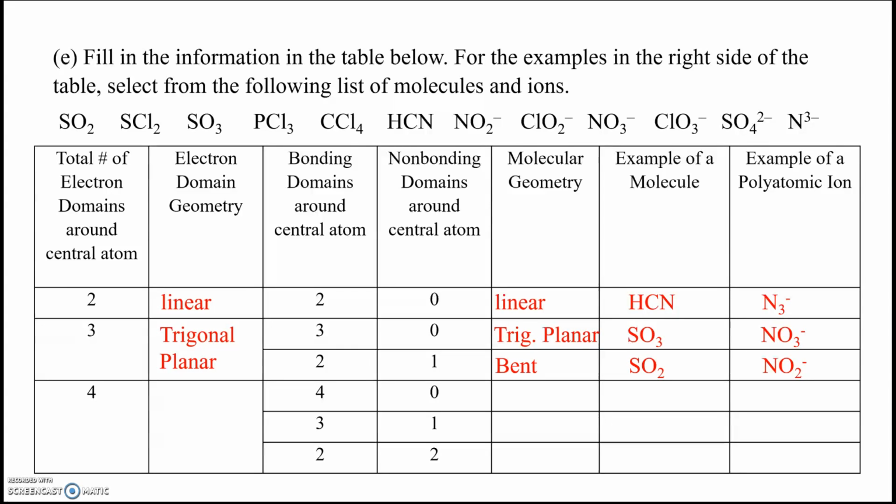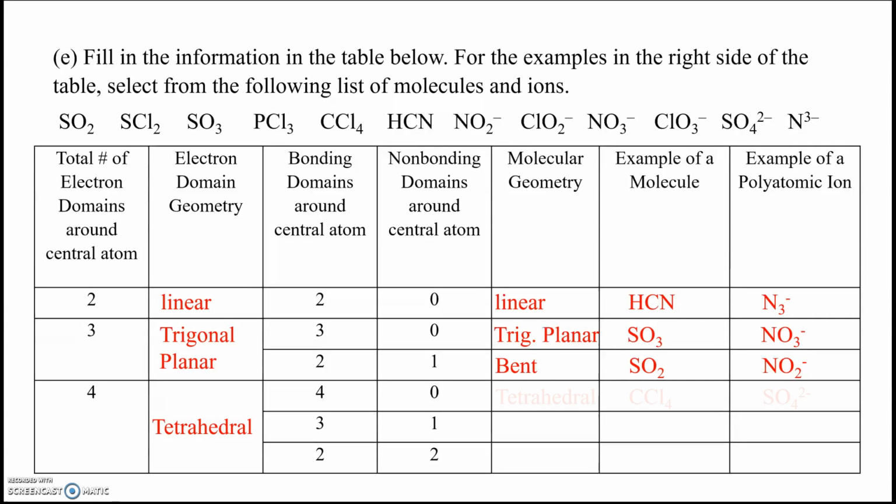And then lastly on this slide, we have 4 electron domains, which of course gives us the tetrahedral electron domain geometry. But now I have 3 ways I can do this. Comparing bonding and non-bonding, I can do 4 and 0, 3 and 1, or 2 and 2. And we've seen a lot of this before.